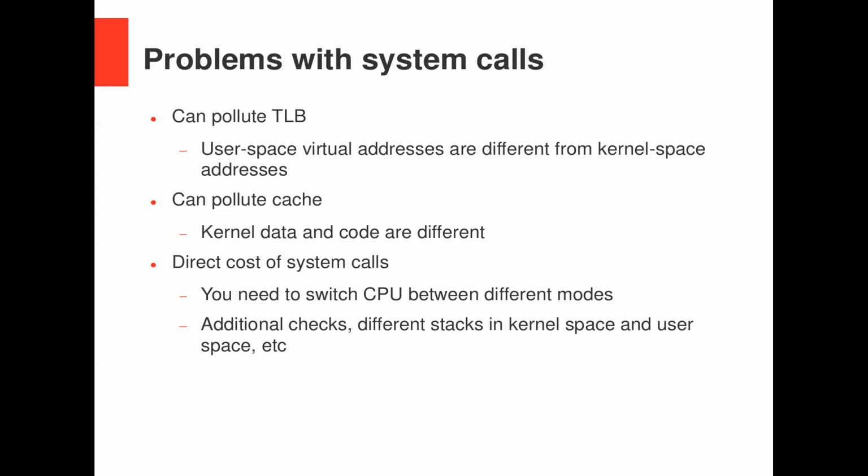Similarly, we can pollute the cache. Kernel data and code are different, so for the same reason, this is a completely different code set and data set. And also, there is a direct cost of system calls. To execute a system call, to execute a special trap, you have to waste at least, I guess, 100 cycles, probably more, even in modern CPUs where they're trying to optimize it.